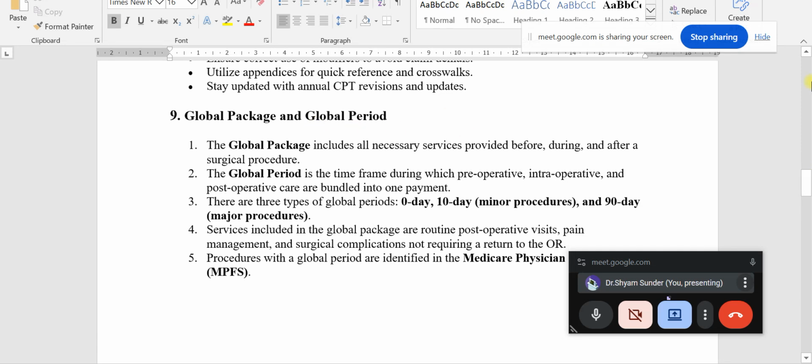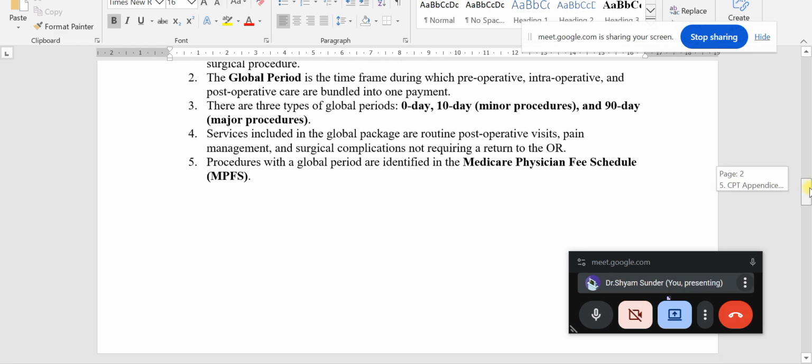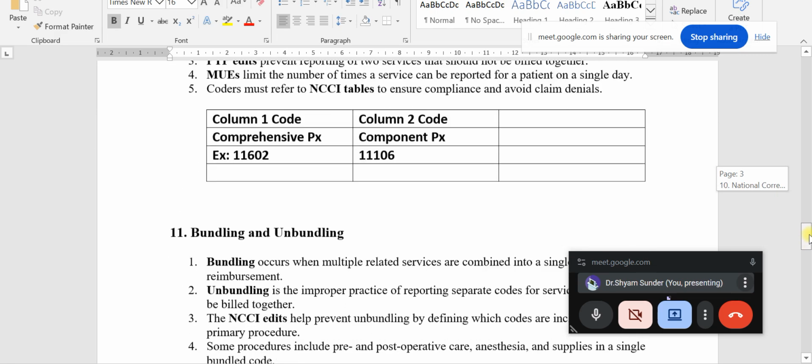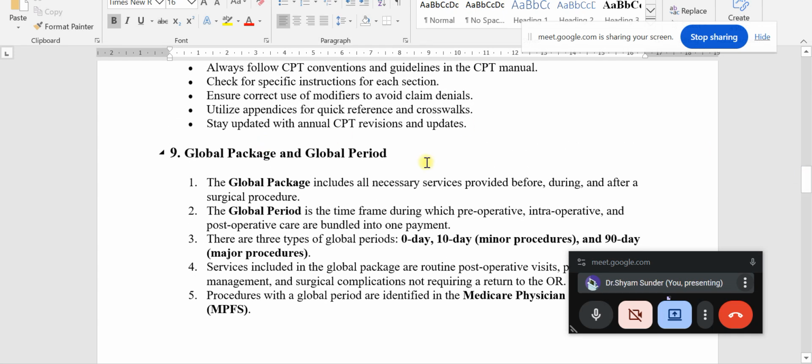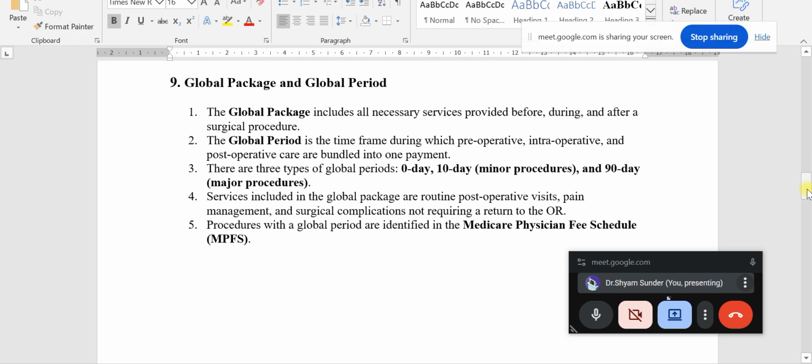the global package and global period. So we partly discussed this global package and global period, but this is very specific for surgery. It's very important. So go through this. What is the global package?